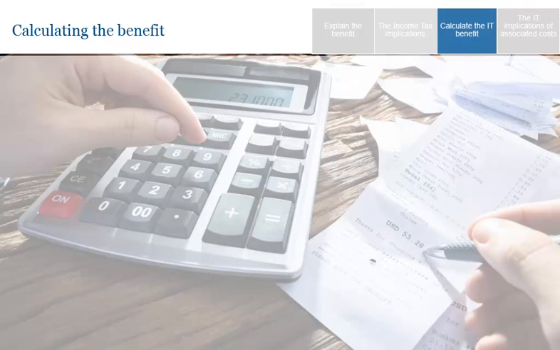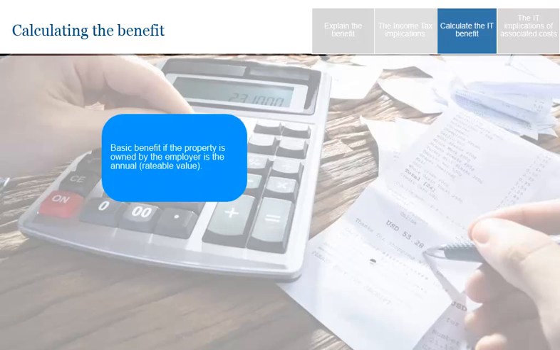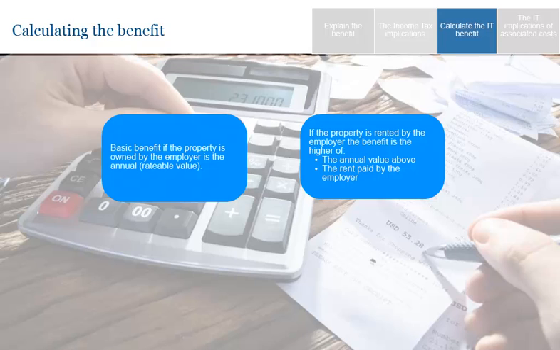On to the calculation of the basic benefit, and this depends on whether the property is owned by the employer or rented out by them and then provided to the employee in both of these cases. If owned, the basic benefit for the employee is the annual or gross rateable value. It's kind of an old statistical value, but they exist, and if not, then a valuation will have to be agreed.